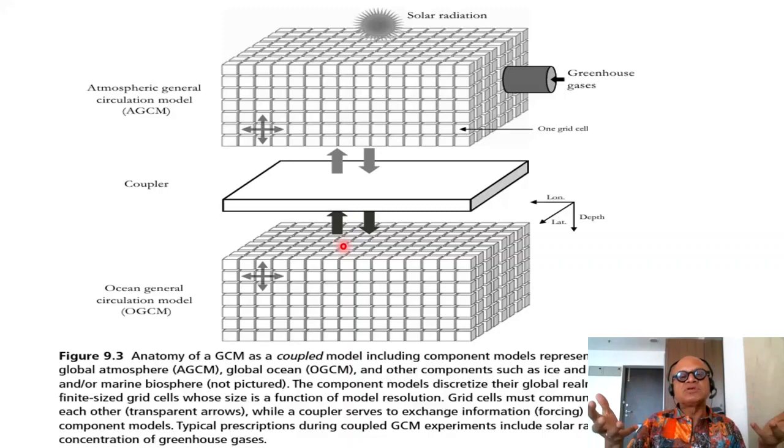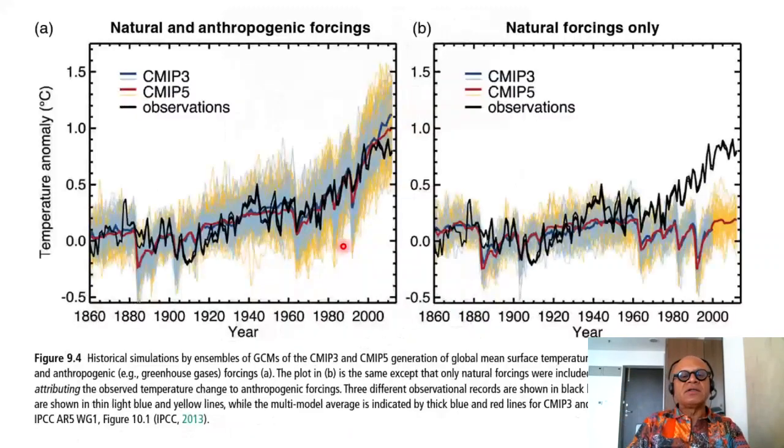So we have coupled general circulation models for doing climate forecasts or predictions. And when we want to make projections into the future, you also want to prescribe how greenhouse gases will evolve, how population will evolve, how much energy we will use, what kind of transportation, land use, and so on and so forth, that we put into what are called narratives or scenarios that we'll come back and look at.